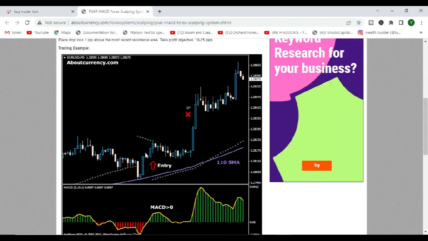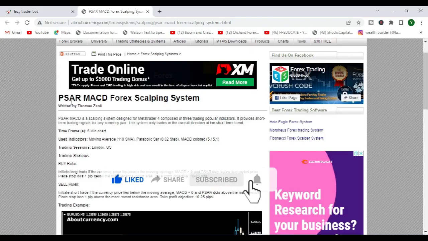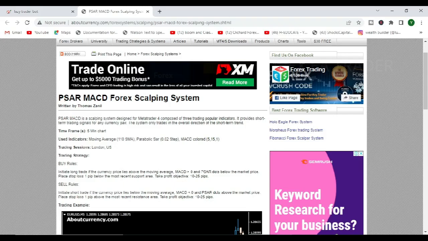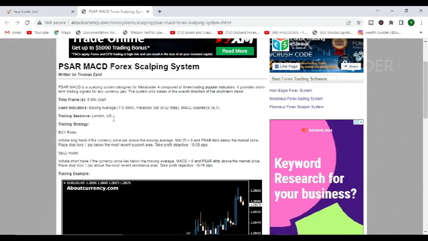So today we have this strategy. I think it uses parabolic SAR and the MACD. So it's basically a parabolic SAR MACD forex scalping system by Thomas Sani or whatever.